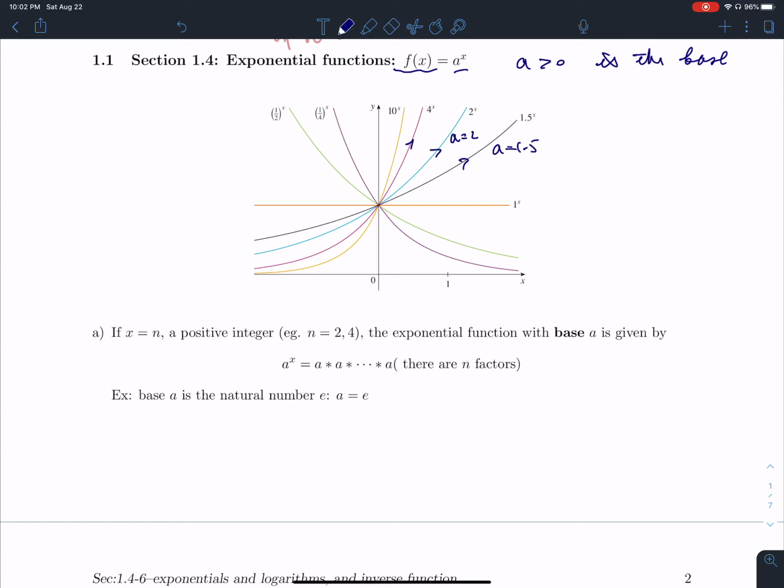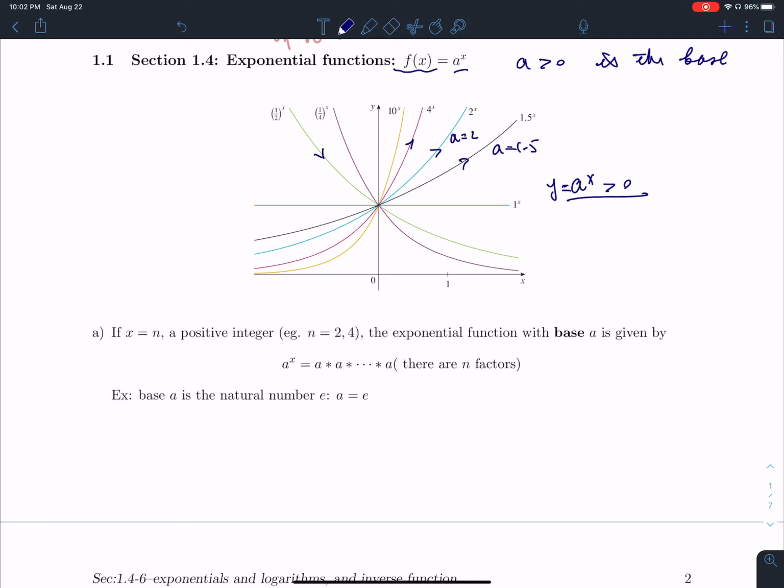But if your bases are less than 1 but bigger than 0, you can see they're decreasing. All right, so this is very interesting. And no matter what a really is, as long as it is bigger than 0, for the exponential function the function value is always bigger than 0. This is a feature.